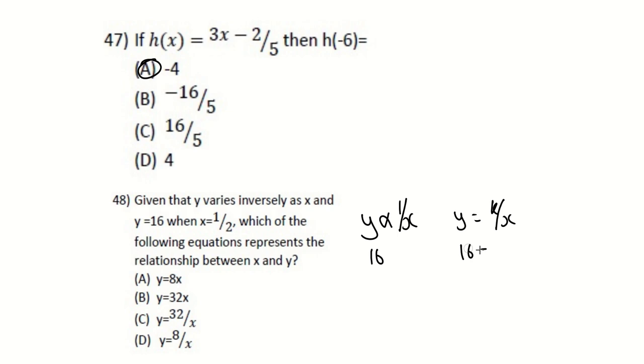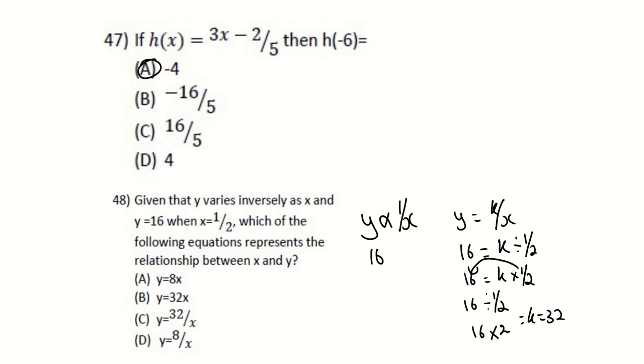So that 16 is equals to k divided by a half. So k would be, you carry this across, that's 16 divided by a half is 16 multiplied by 2. So k is equals to 32.